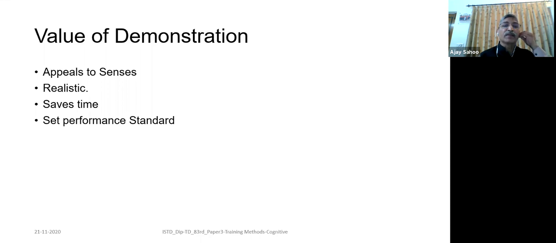It saves time. And fourth is it sets the performance standard, right? If the cricket coach, the batting coach, is able to hit the cricket ball, no matter what kind of bowling is there, whether it is spin or pace or yorker, whatever.